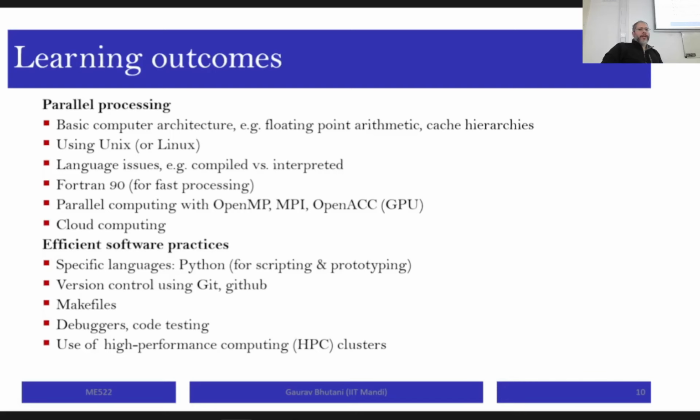So learning outcomes, as I said in the beginning, we'll have two parts. One is on parallel processing, where you learn about computer architecture. Because if you want to parallelize things, you should know how it works inside a computer, in terms of how numbers are stored. We learn how floating point numbers are stored in the computer, some arithmetic, some hierarchy of memory that is there. It's not just computing power, but also the transfer of information that can sometimes become a bottleneck.